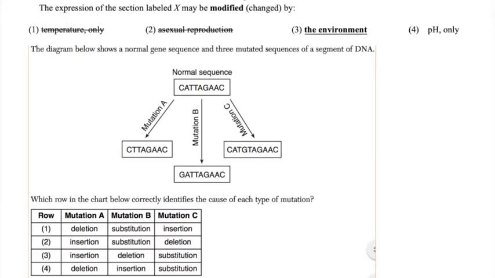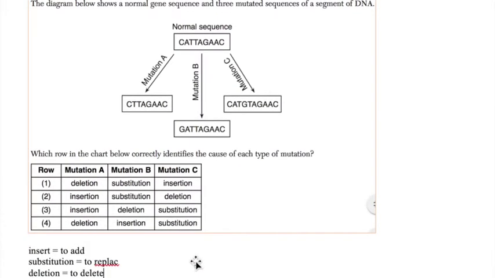Insert simply means to add. Substitution. Think of a substitute teacher, right? They replace your teacher for the day. So this is to replace. And then we have deletion. And what's that? To delete, to remove.